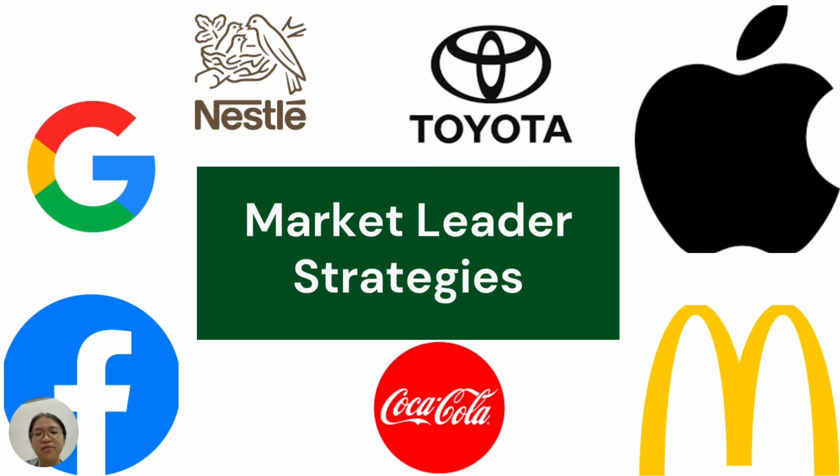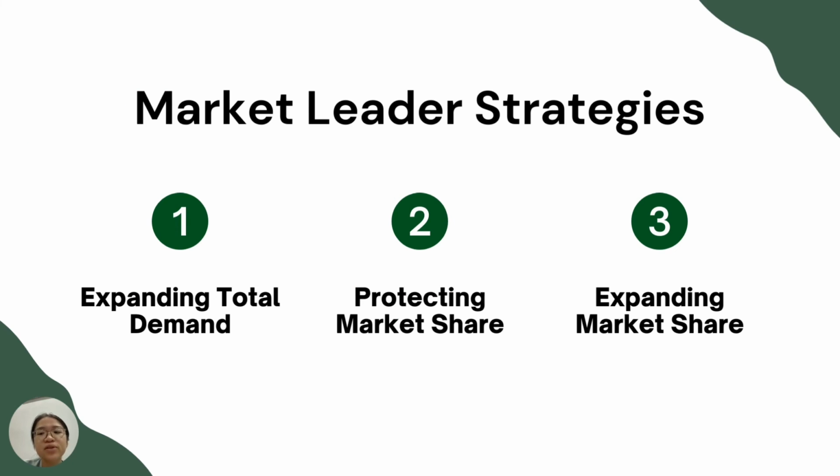A leader's life, however, is not easy. It always needs to watch out for competitors or it will lose the throne. However, there are three strategies that leaders can use to stay on top of the game. The first strategy is to expand the market by developing new users, new uses, and more usage of its products.